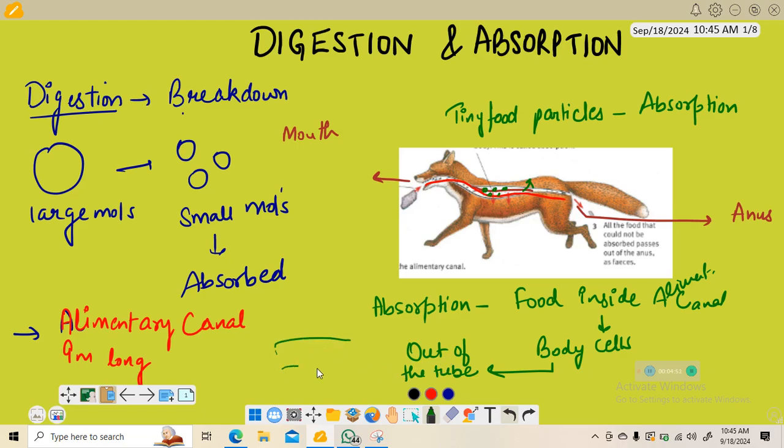Let's say this is our bloodstream. Here we have a number of cells, so here they will get absorbed. This alimentary canal is 9 meters long.